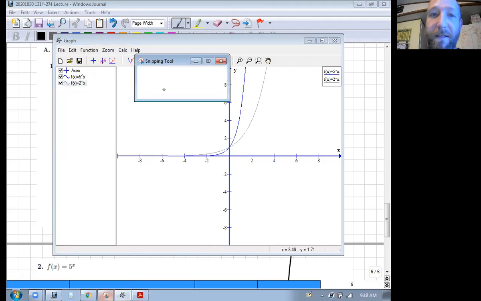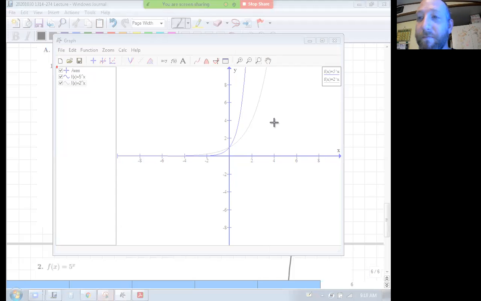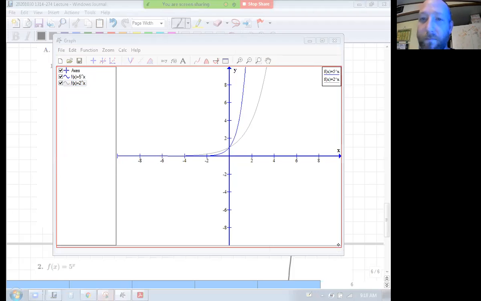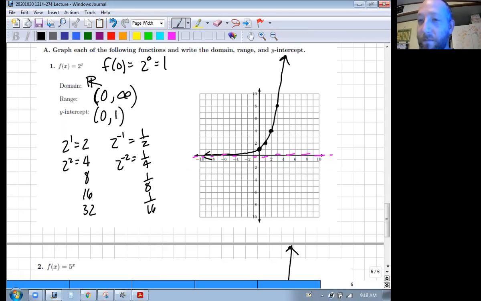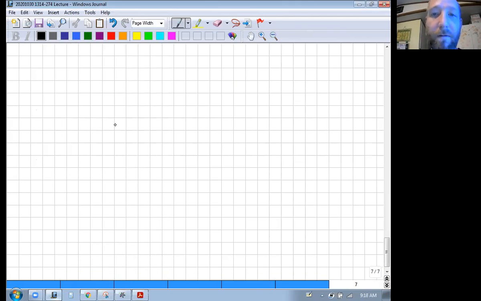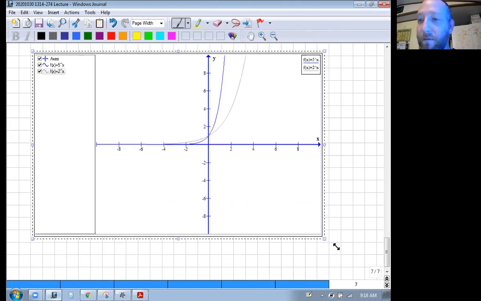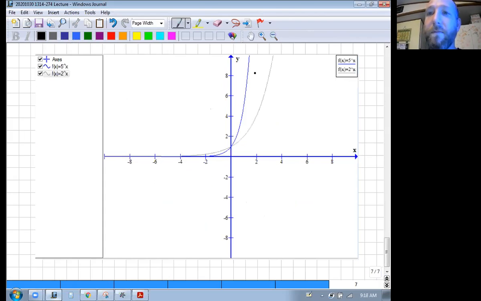Let's see if I can take a snapshot of this guy. So in the blue here, 5 to the x grows faster than 2 to the x.